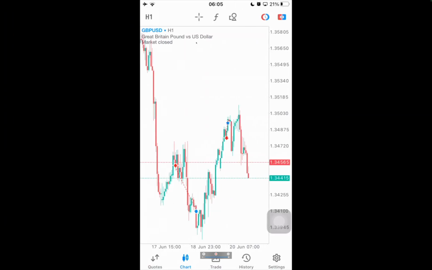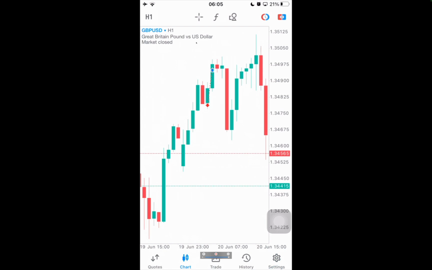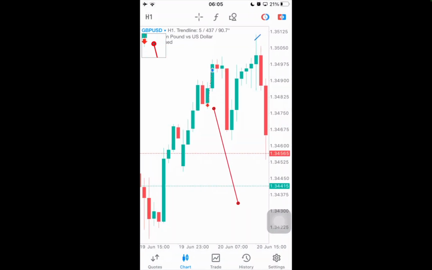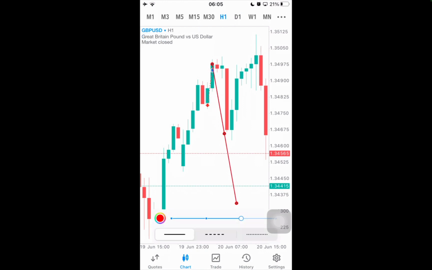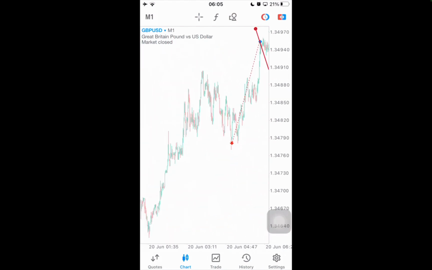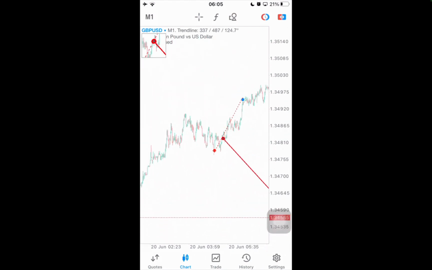Okay, yeah, this is the trade. As you can see, entered here, exited here. Go to the 1 minute. This is the trade, entered here, exited here. So that's the GU.